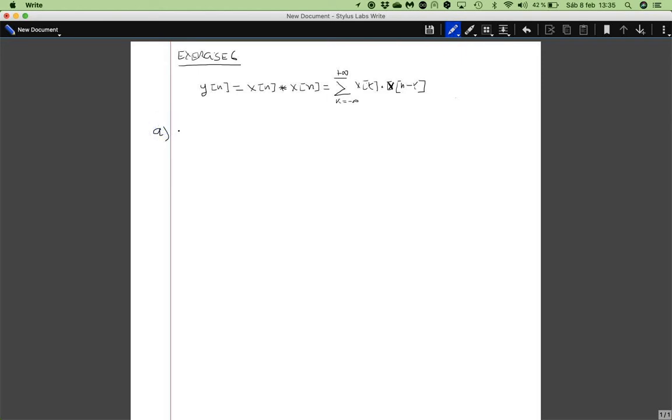In part A, they ask us to demonstrate if the system is linear, if it is time invariant, if it is causal, and if it is stable or not. So let's get started.